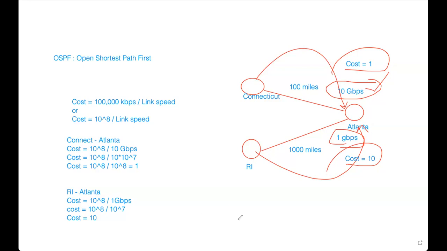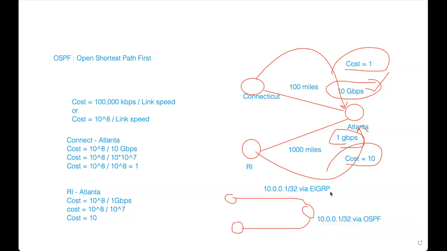For example, let's say we are learning 10.0.0.1/32 via EIGRP, and we are learning the same route 10.0.0.1/32 via OSPF.